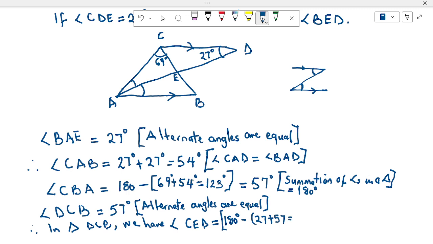The same reason we did here: summation of angles in a triangle is 180.